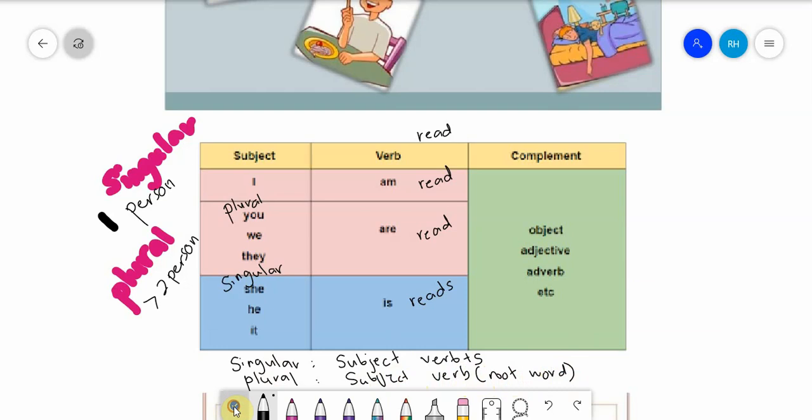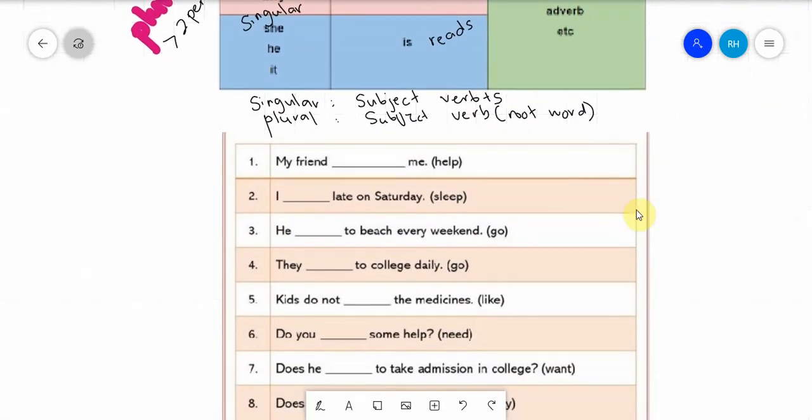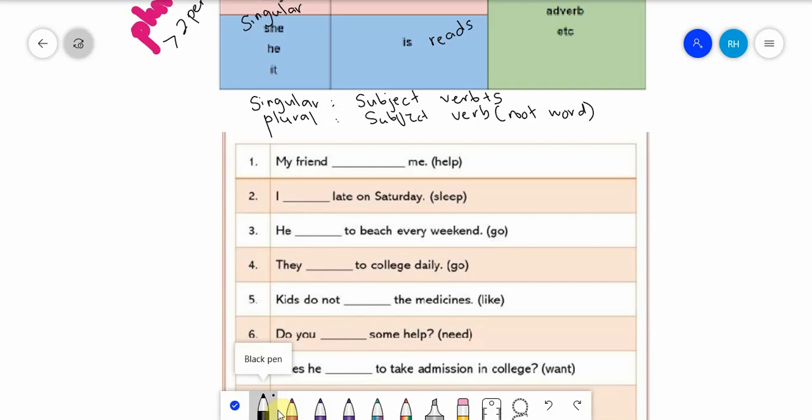Alright, now let's do some practice. First, we need to identify which is the subject in the sentence. Number 1, my friend. The subject here is my friend.